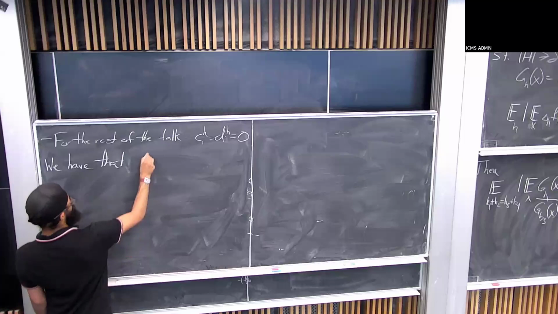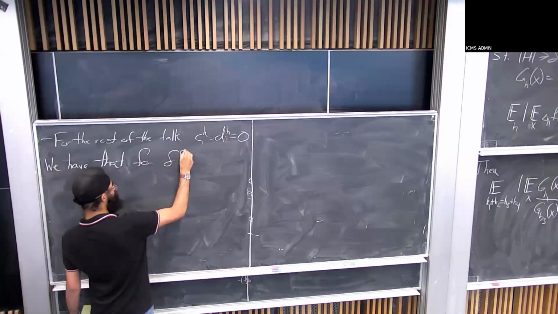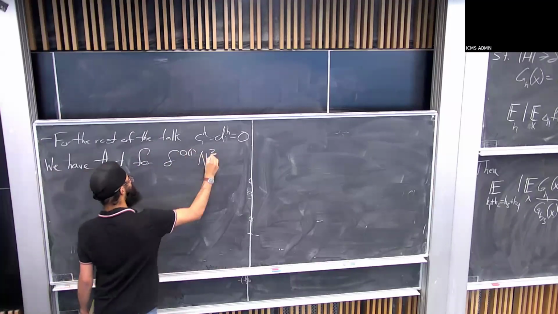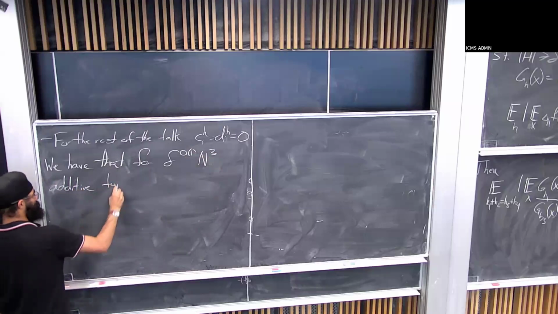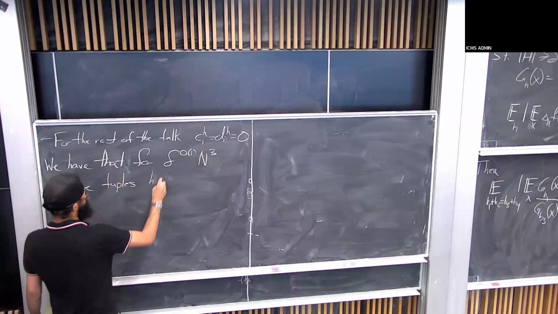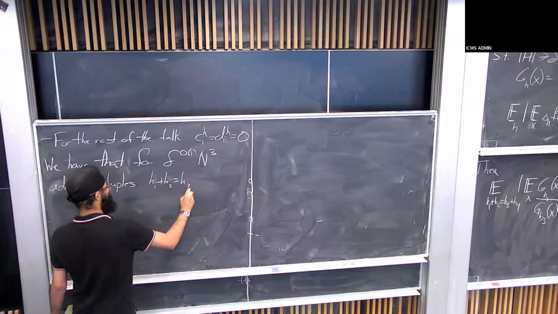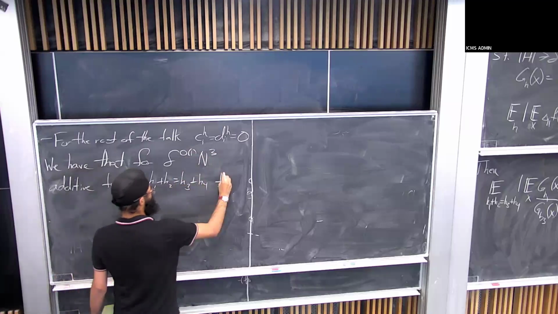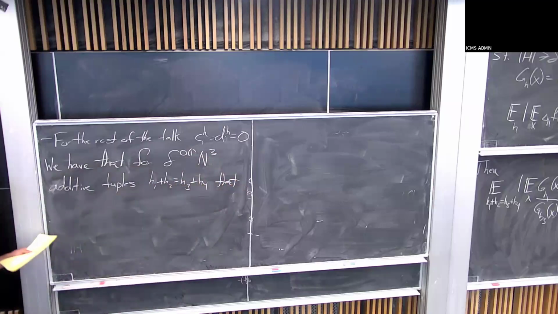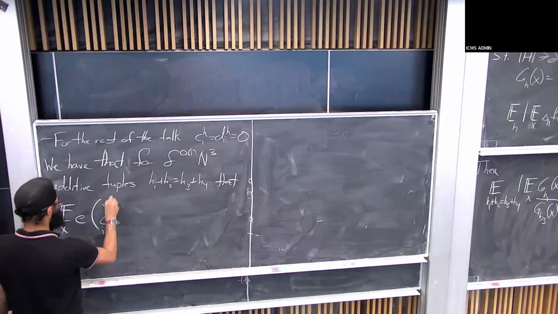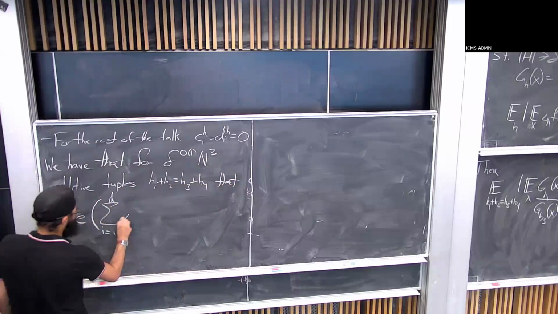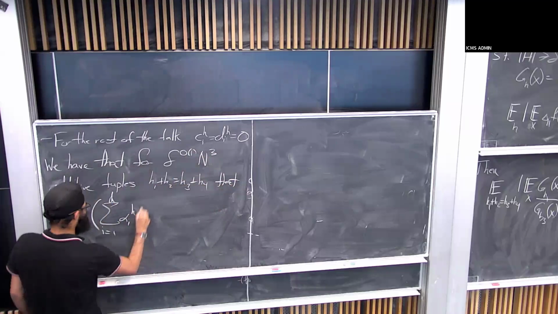We have that for delta to the O(1) n cubed additive tuples of H1 plus H2 equals H3 plus H4, the expectation over x of e of, sorry, the expressions get long.